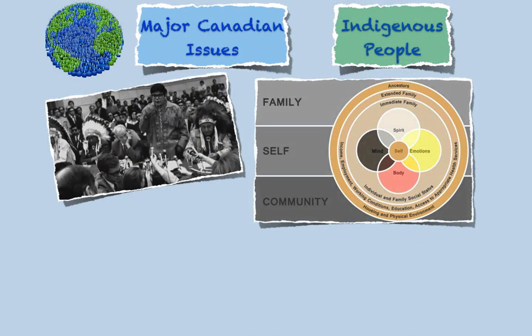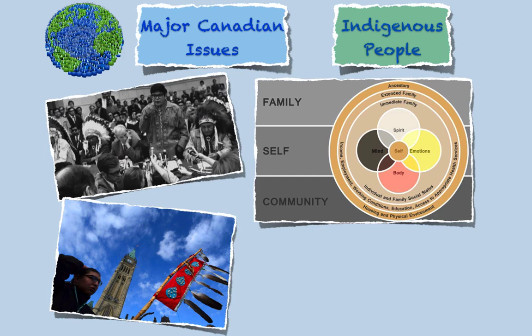In 1969, the White Paper was introduced, and it was to assimilate. Now, you can go back into your previous chapters to see what assimilate meant. Aboriginals into Canadian society, and the response was a new sense of Aboriginal identity, creation of the Assembly of First Nations, dismantling Indian Affairs, and the right of Aboriginals to self-government.